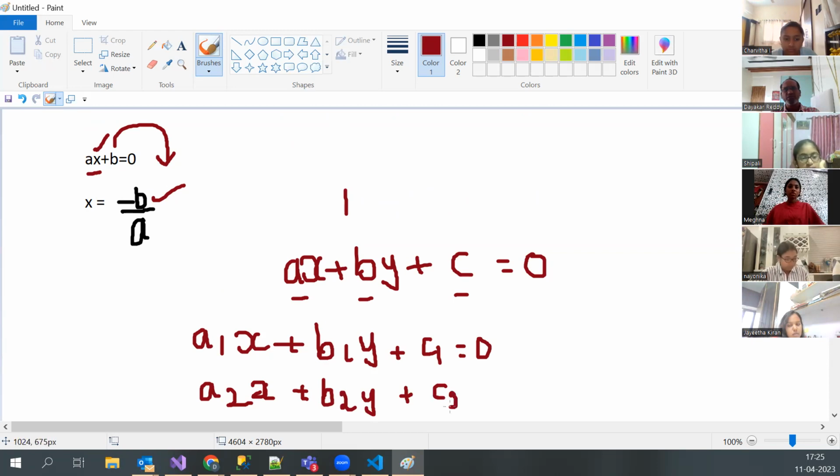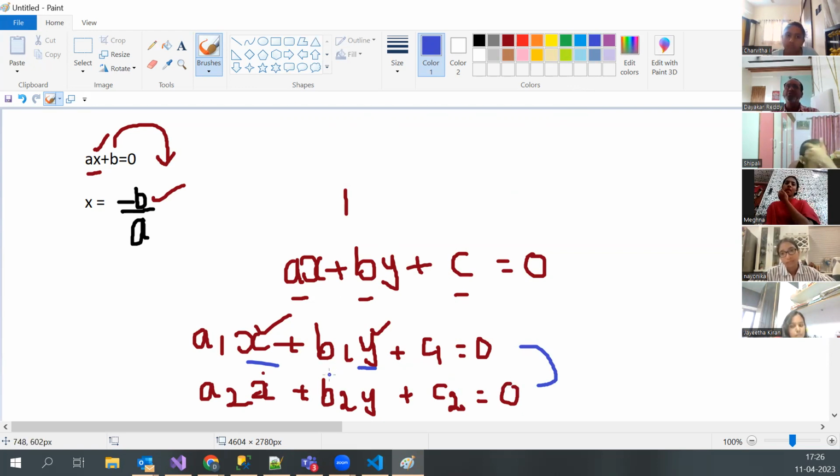What are my variables here? x and y. Everyone unmute. x and y are my variables. So how many variables are there here? Two variables.